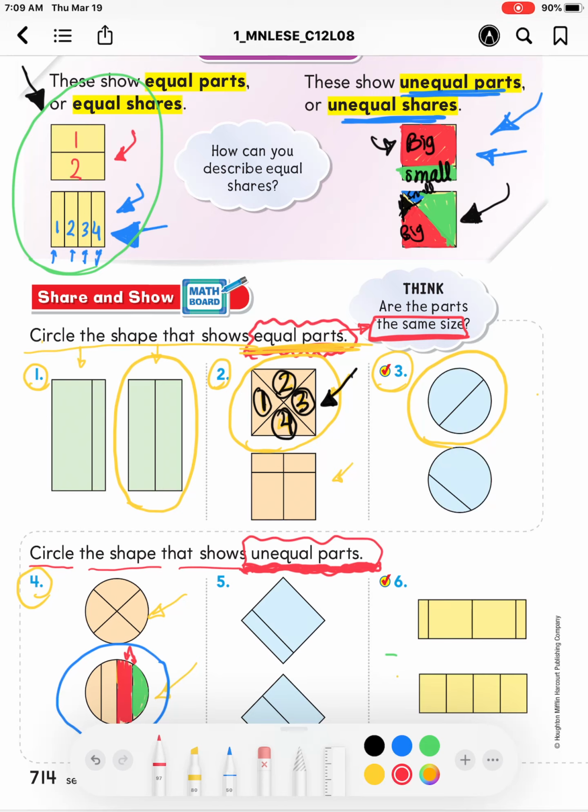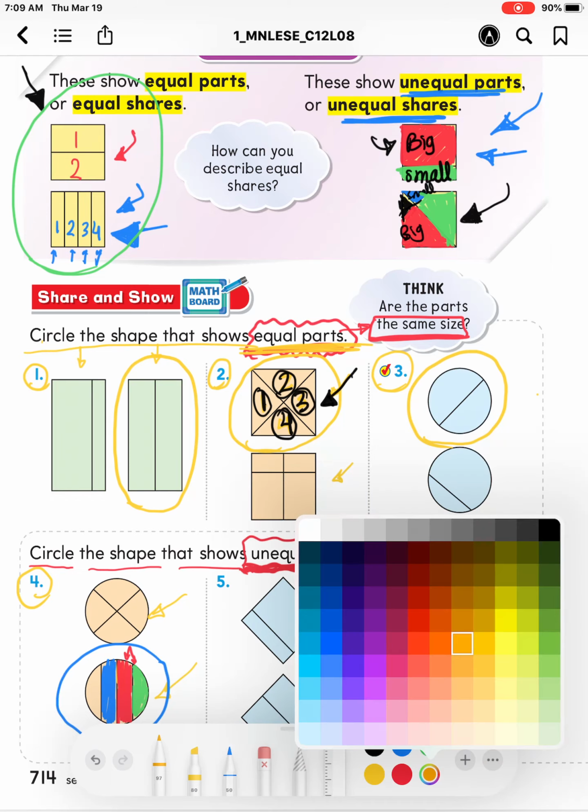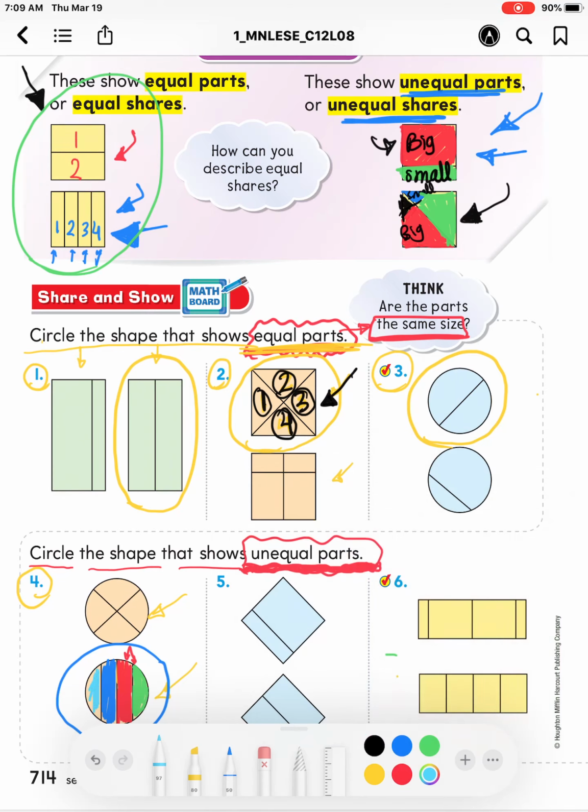No, they are not. And the same for the other two. For this one and this one. And for this one.